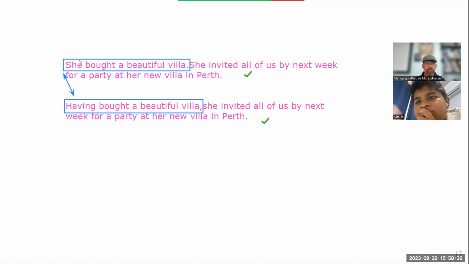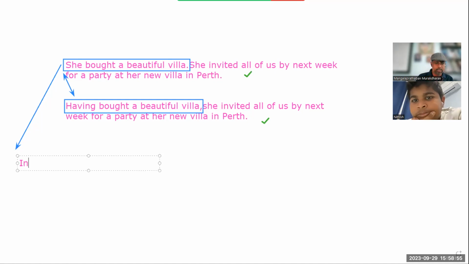Whereas the other one, this is the independent clause, all right? So this is in fact the independent clause. Whereas this one is a dependent clause.